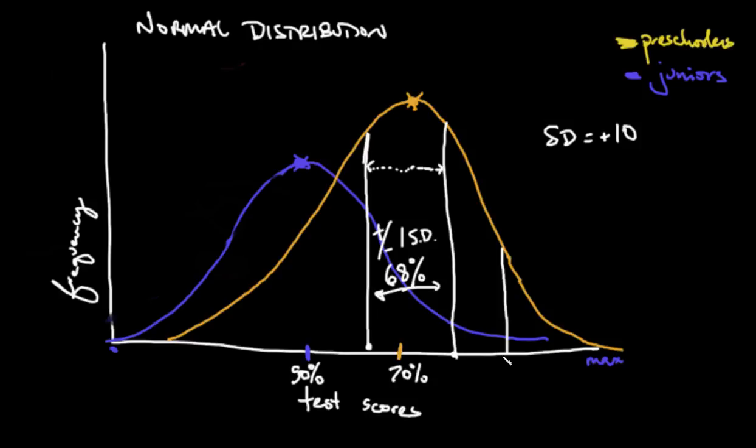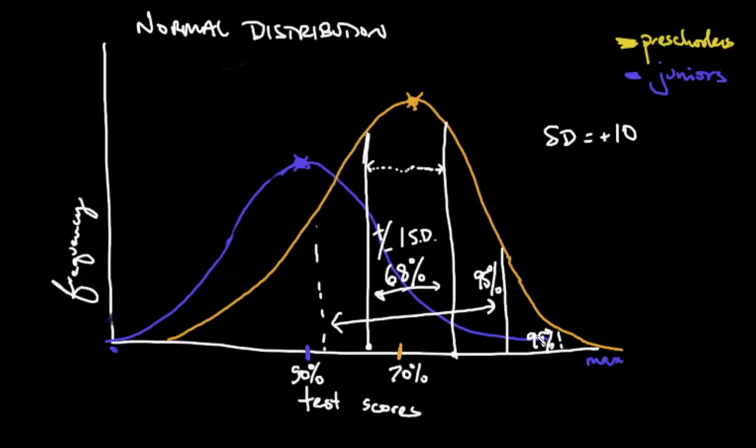and then another 10% up and another 10% down represents 95%, or 95% of the scores. And yet a third, that's 2 standard deviations, and a third one would represent 99% of the scores, right?